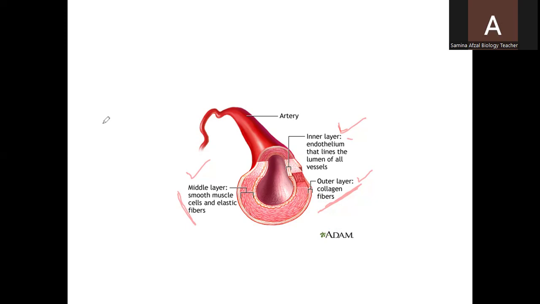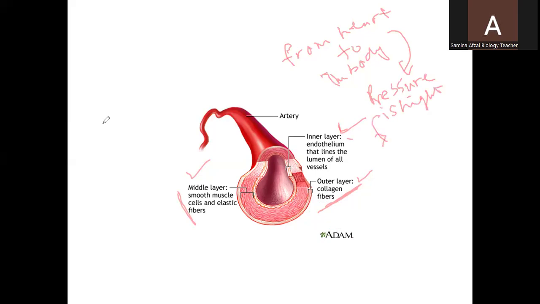Why is the artery muscular? Because it has to supply the blood from the heart to the body. So the blood has to travel a long distance, so the pressure is high in the arteries. And this high pressure is built up with the help of these muscular walls.